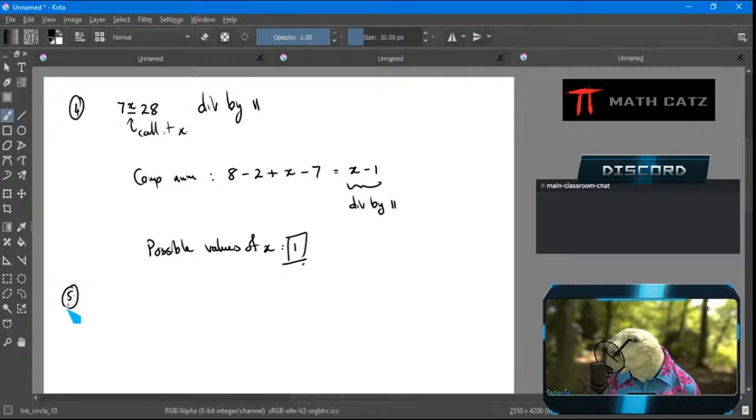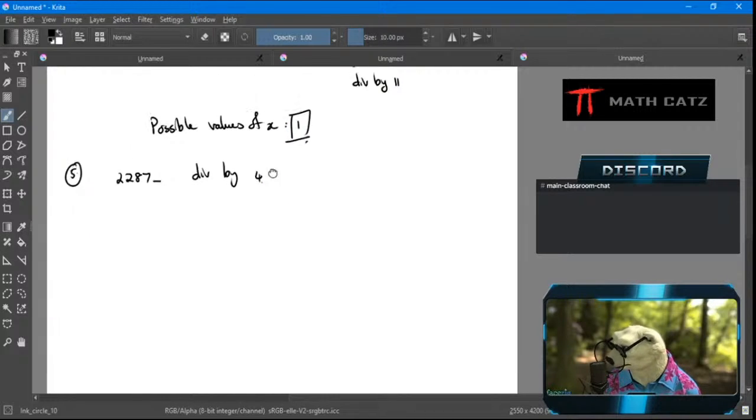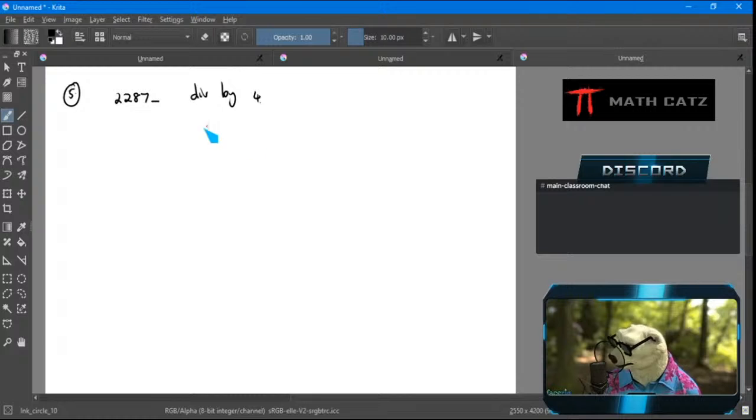And then one more to do. 2287 blank is divisible by 4. So let's call it x.